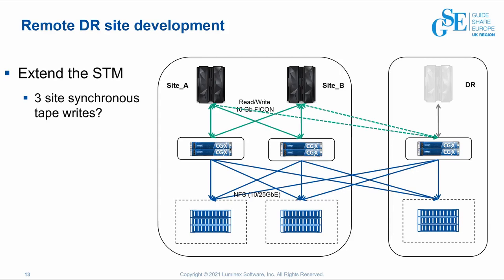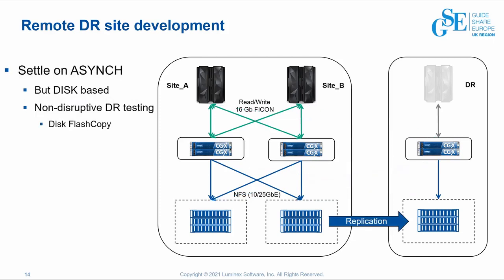But for this particular discussion, and I've got a reason for it, I'm going to say that we're going to work with a remote DR site and settle on async data protection for the tape services. But using the disk-based capability, so disk-based services for replication.